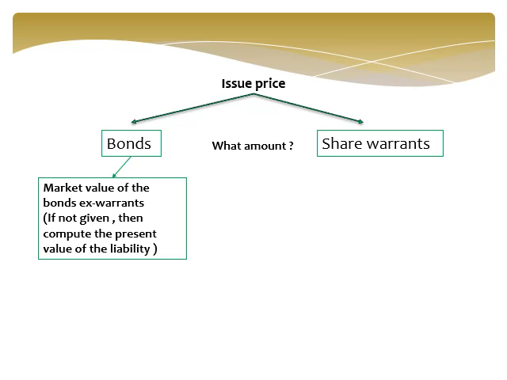We need to identify the future cash outflow of the company. And the amount that should be allocated to the share warrants is the residual amount. So, the issue price minus the amount na na-allocate sa liability, yung matitira doon, yun yung amount na i-allocate natin kay share warrants. So again, first natin i-determine yung amount na allocated kay liability.